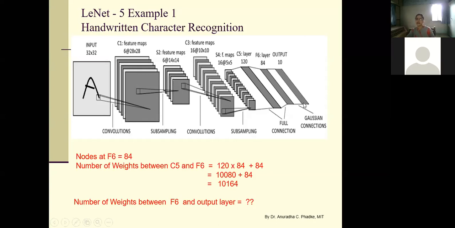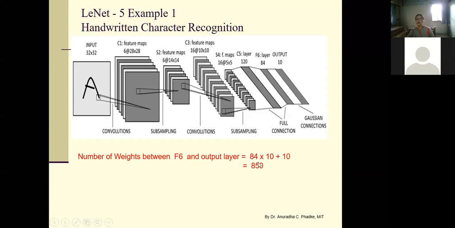Yes, Gururaj, Tejas, your answers are correct. So for the last layer, trainable weights are 850: 84 into 10 plus 10.